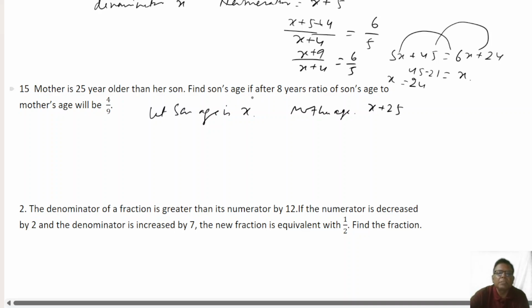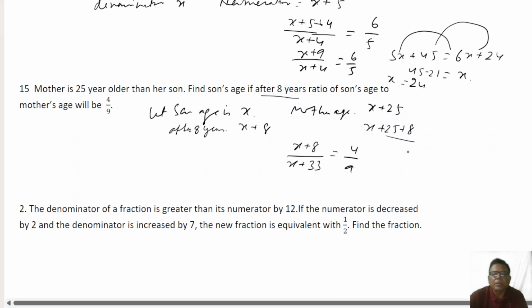Find the son's age if after 8 years the ratio of the son's age to the mother's age will be 4 by 9. So after 8 years the son's age will be x plus 8 and the mother's age will be x plus 25 plus 8, and the ratio will be (x plus 8) divided by (x plus 33), which equals 4 by 9.